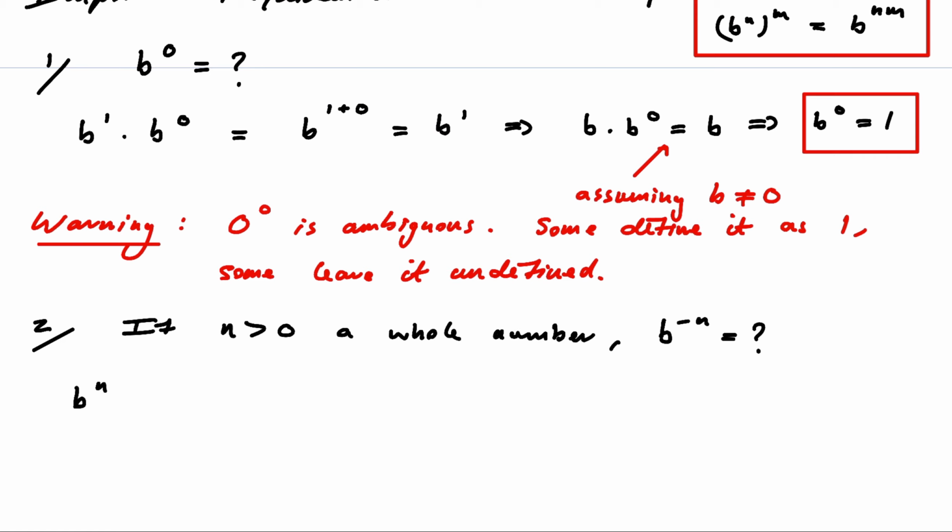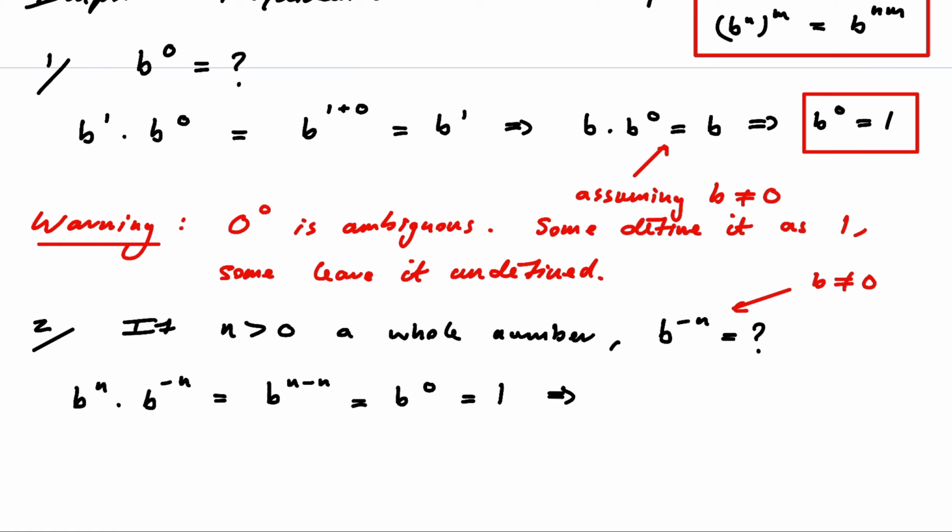So b to the n multiplied by b to the minus n, that should be equal to b to the n minus n, summing those two. That's equal to b to the 0. Well, now that's equal to 1. So what does that tell me? Again, we'll assume that b is non-zero, otherwise we run into trouble as always.